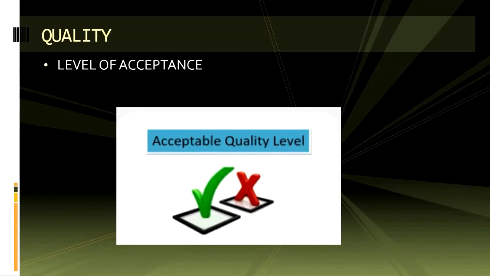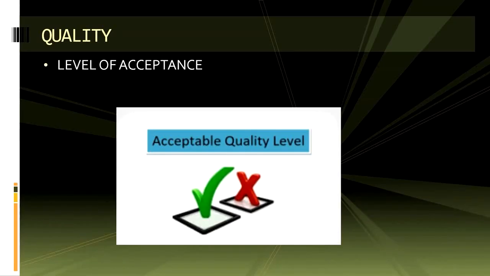Now, what do we mean by the level of acceptance? From the buyer's point of view, the level of acceptance is their standards. Each garment has some standards, and if it reaches that standard, we call it an accepted level. From the consumer's point of view also, if you want to purchase a garment, the level of acceptance comes in, because knowingly or unknowingly you judge the quality of the garment, in a subjective way.